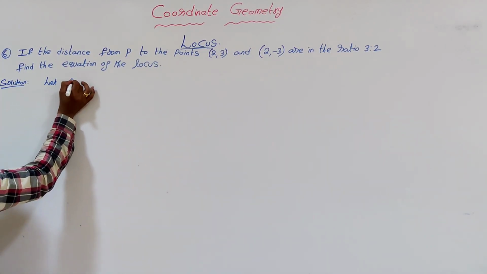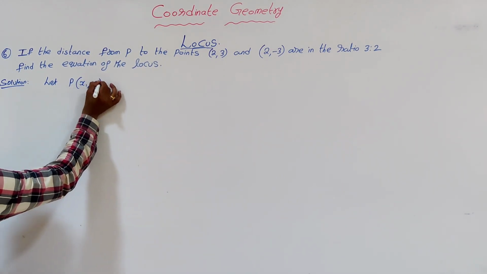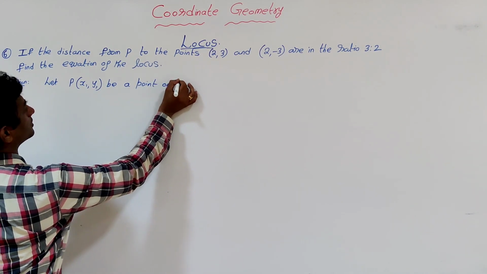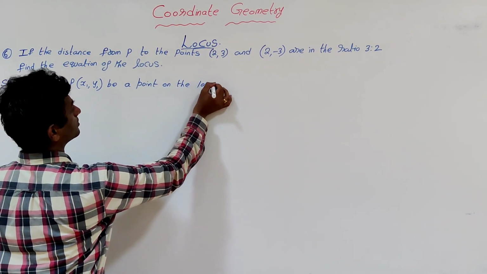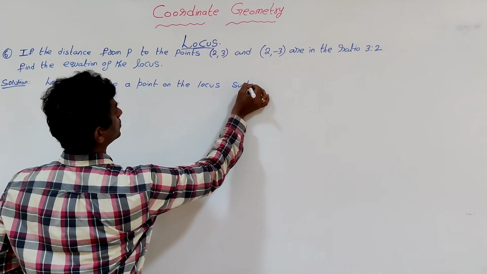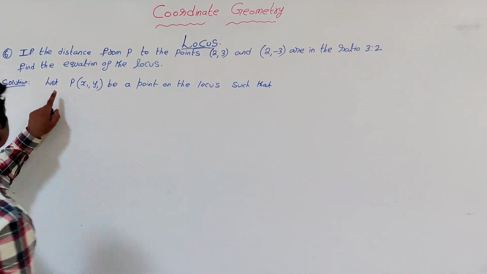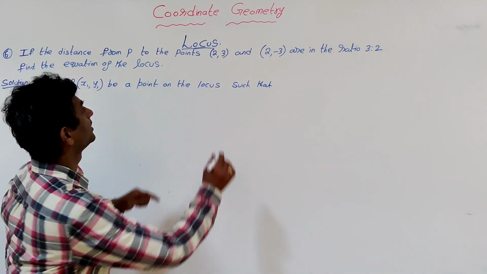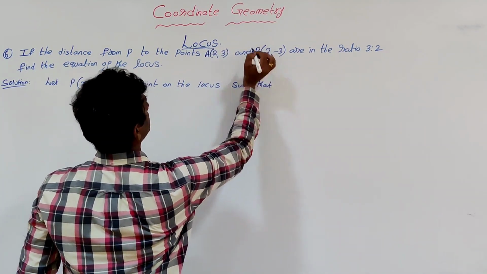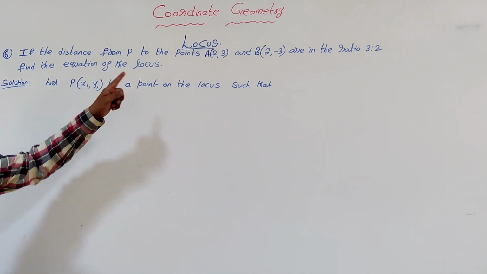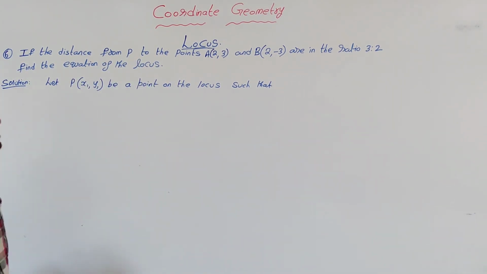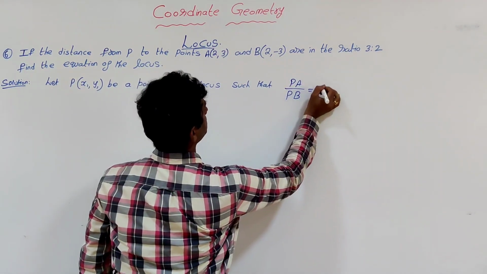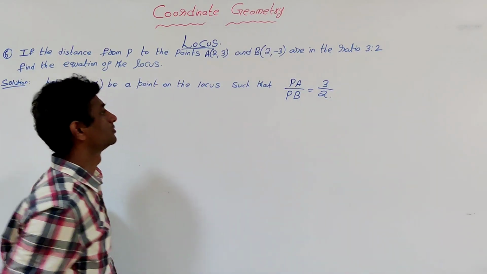Let P(x1, y1) be a point on the locus such that, what is the condition? That is the ratio of the distances. So assume that this is A and this is B, such that PA by PB is in the ratio 3:2, such that PA by PB is 3/2.